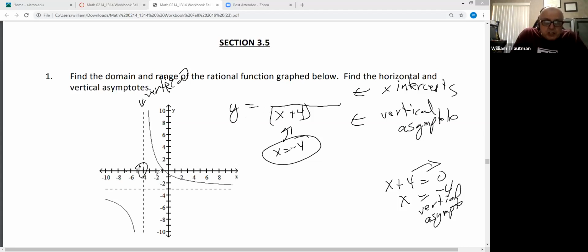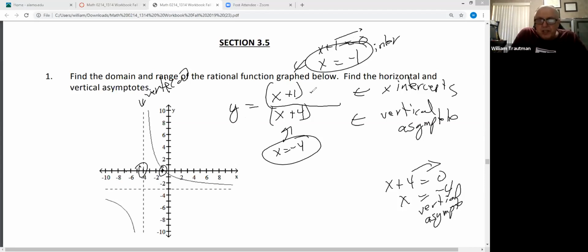Then the x-intercept is where your graph crosses the x-axis. Let's say it crosses right there at -1. We put a +1, the x-intercept, up here because x plus 1 equals 0. When you take the 1 to the other side, you get x equals -1 for your x-intercept.